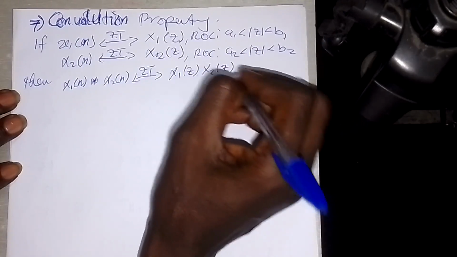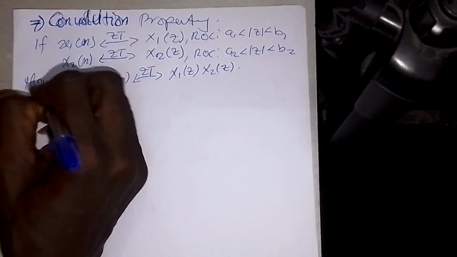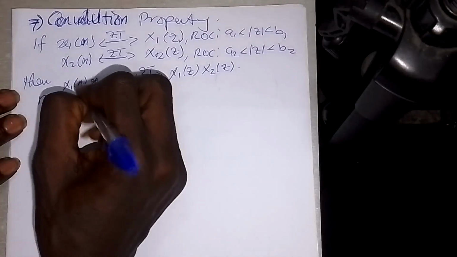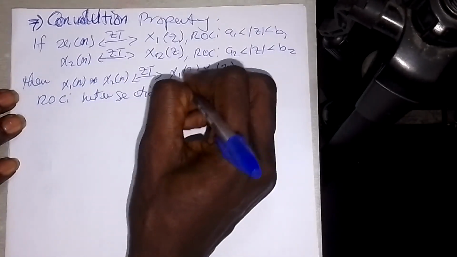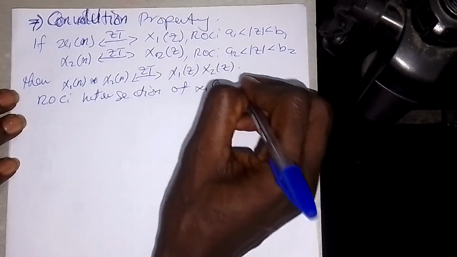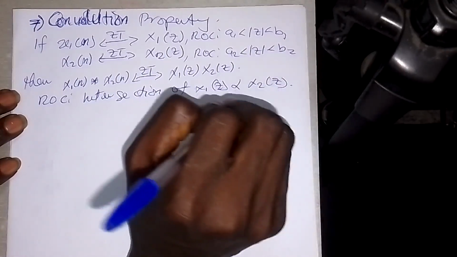Your ROC in this case will be the intersection of the ROCs of X1 of z and X2 of z.